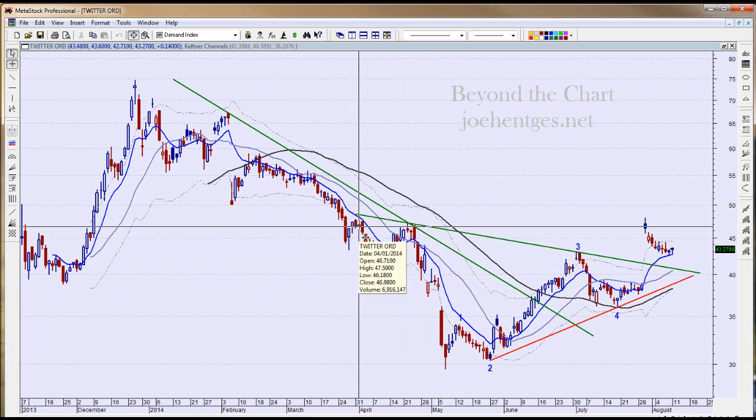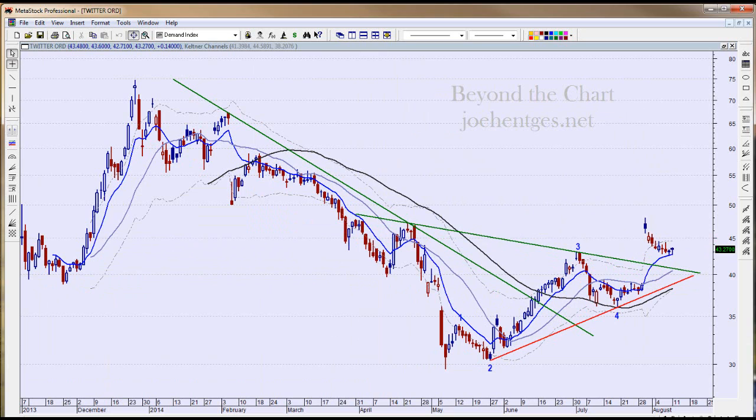So one thing, this is looking like a Head and Shoulders bottom, and I think I talked about that on my last video. And so now it's made that move, and it could be drifting back to the neckline. But the other thing I'm looking at is we've got 1, 2, 3, 4, and now we're into a fifth wave.